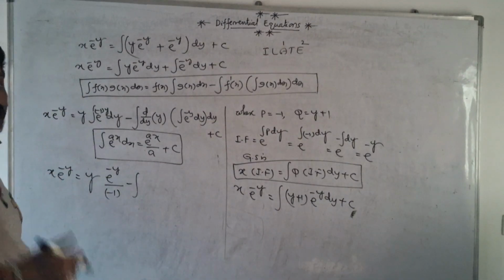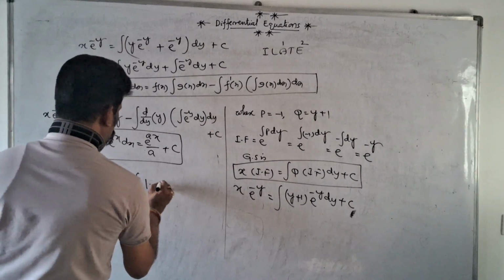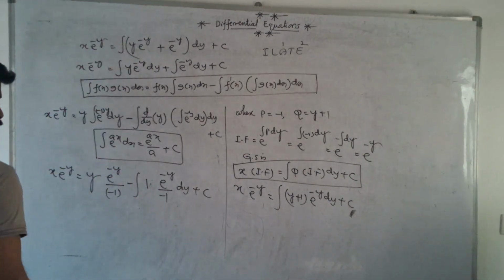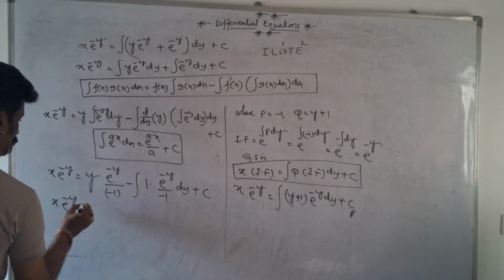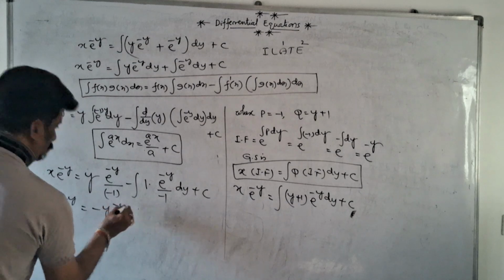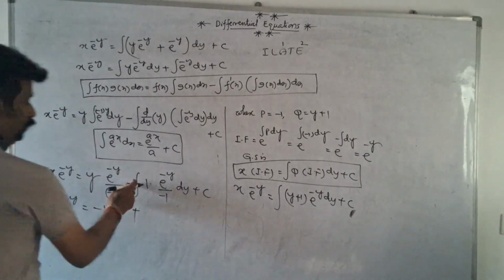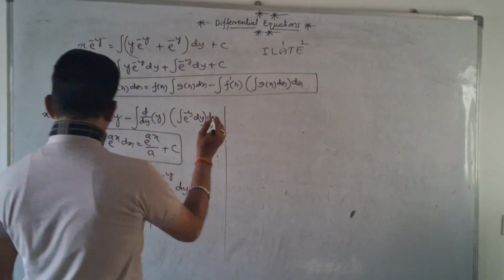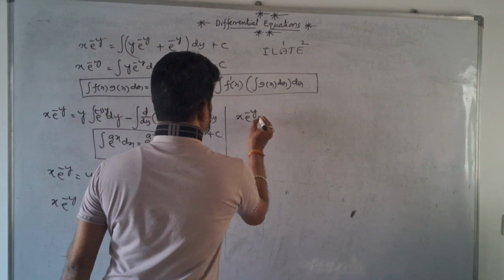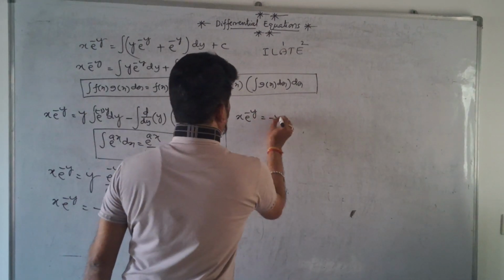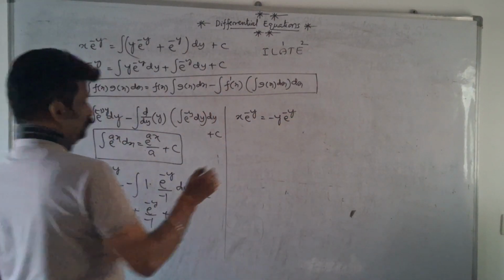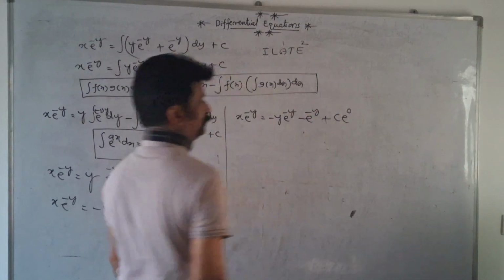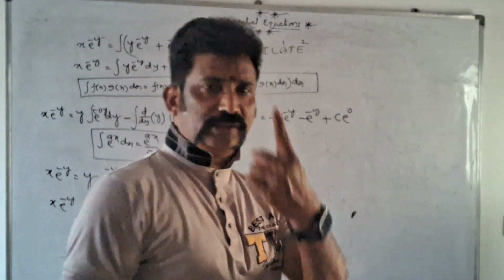Minus the integral of the derivative of y, which is 1, times e to the power of -y by -1 dy, plus. Now x times e to the power of -y is equal to -y times e to the power of -y, minus times minus gives plus. Now the integral of e to the power of -y is e to the power of -y by -1, plus c. So x times e to the power of -y is equal to -y e to the power of -y minus e to the power of -y plus c times e to the power of 0. There is no change in the value, e to the power of 0 is equal to 1.